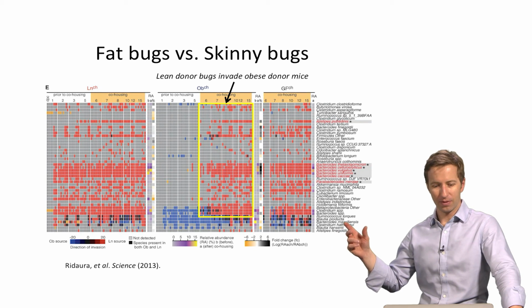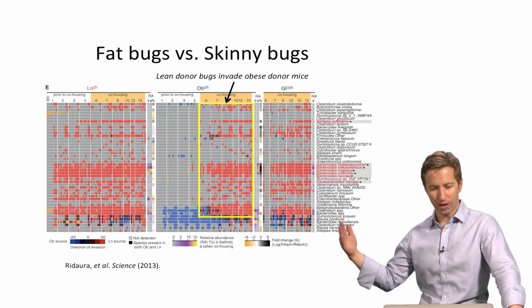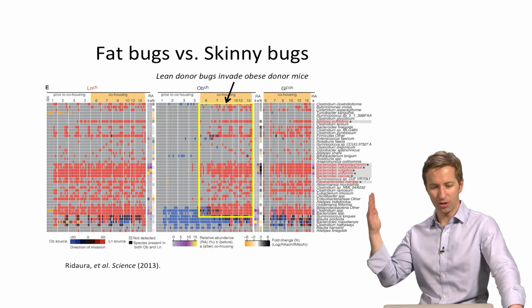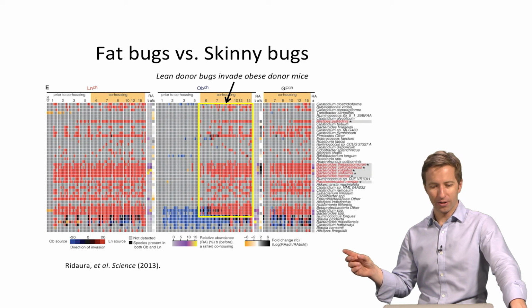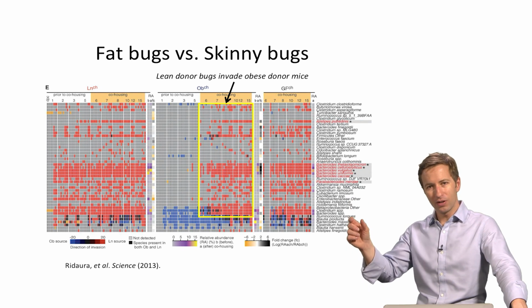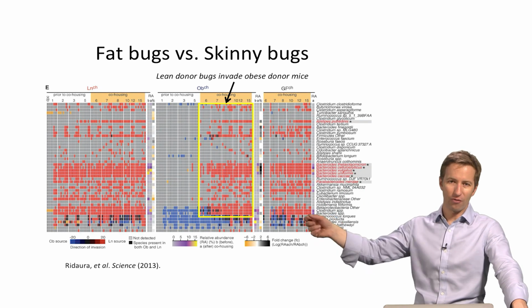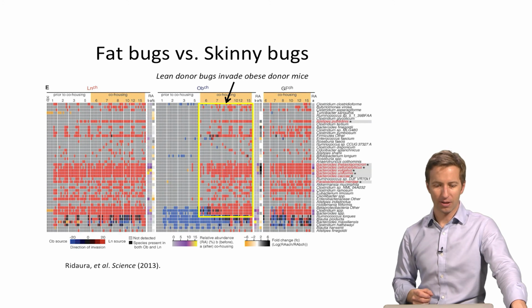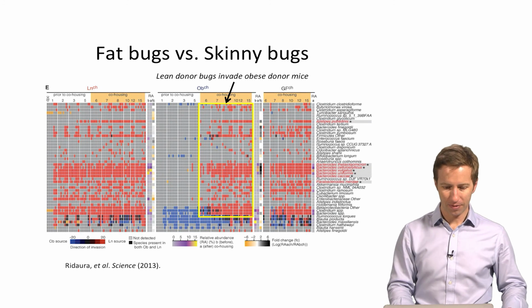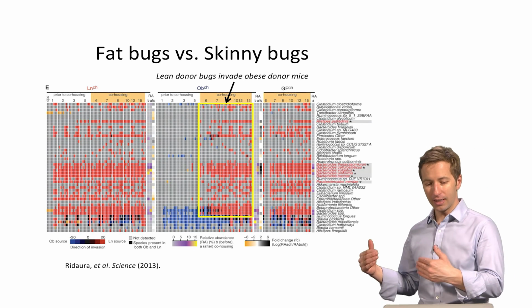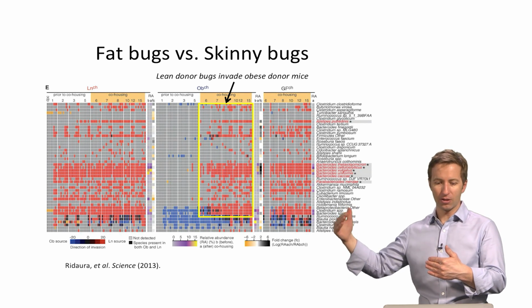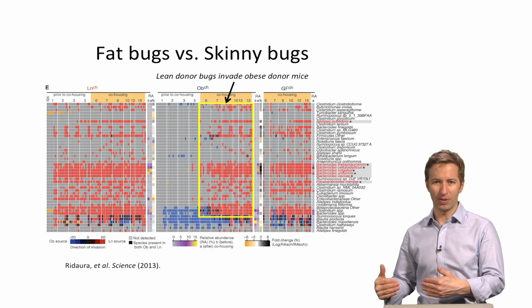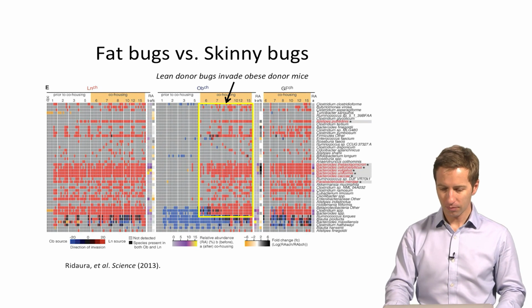So in these samples, Sourcetracker was run on each of these individual samples. So each column is a new sample. And Sourcetracker estimated that all of these bugs had actually come in from the lean donor mouse source environment. And interestingly, when they were co-housed, the lean donor bugs seemed to protect the obese mice from the weight gain.